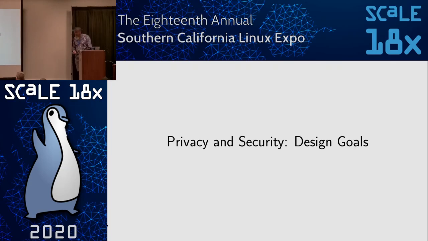So, I think it comes down to the reasons behind the internet existing, the design goals that we had in the first place when we designed the initial protocols and so on. Privacy and security weren't as big a deal back then. As an example, who here has ever administered a server over Telnet?